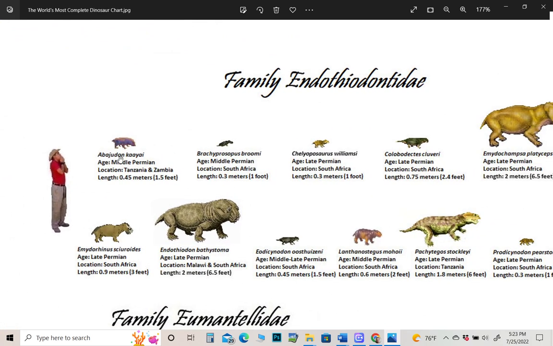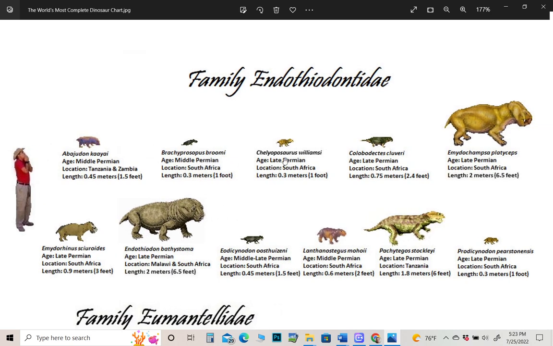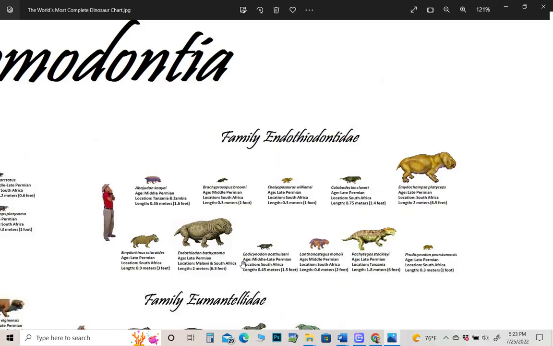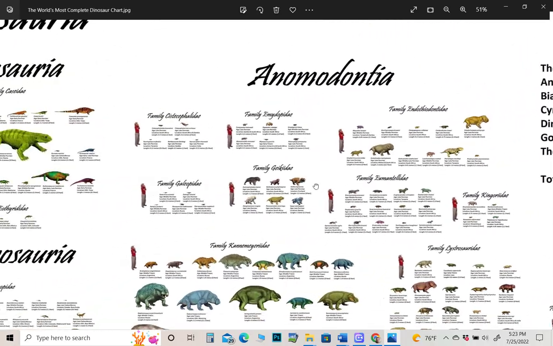Endothiodonts: Abjudon, Brachyprosopus, Cheliopsosaurus, Colobdectes, Emidochampsa, Emidorhinus, Endothiodon, Eodicynodon, Lanthanostegus, Pachystegus, Prodicynodon. All right.